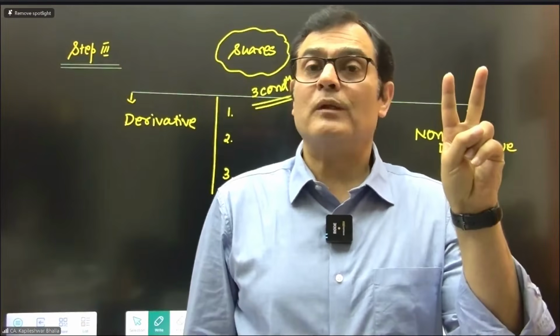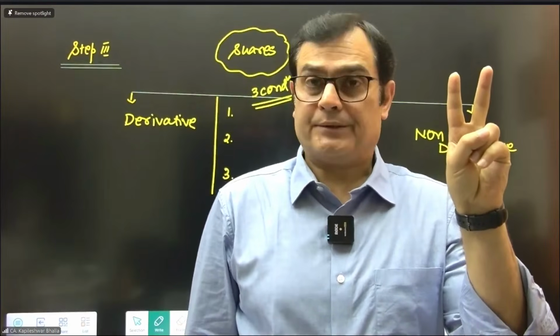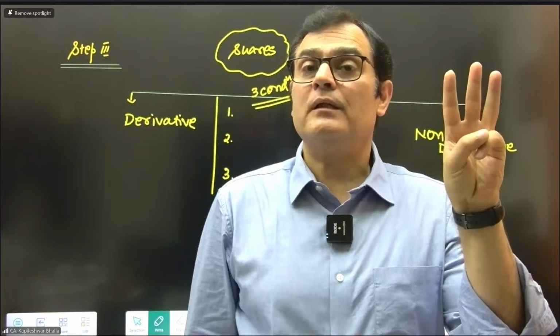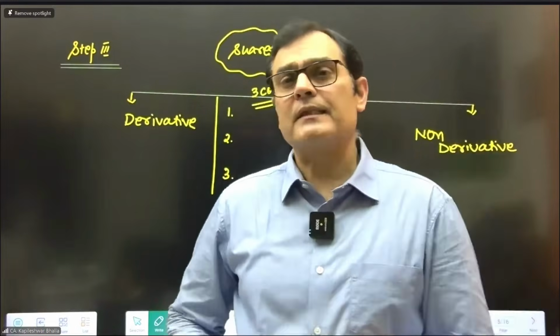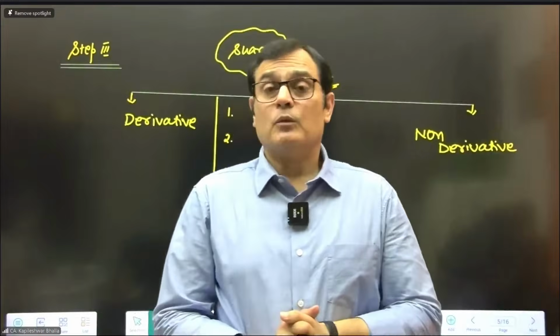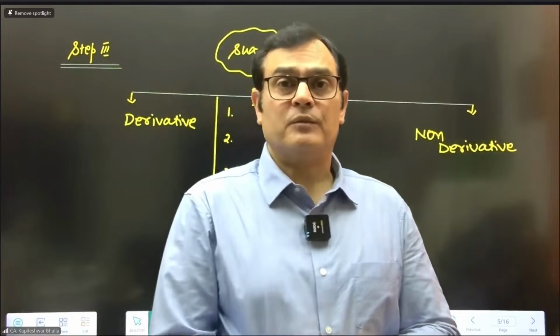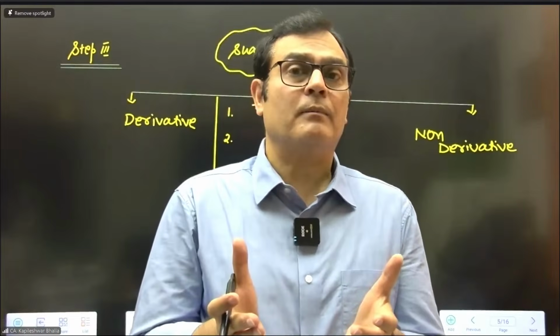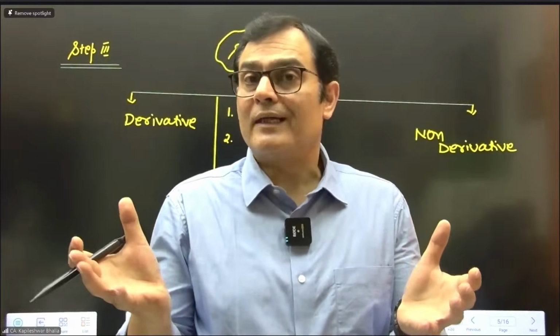The settlement will be done at a future date. There is no initial investment or negligible initial investment. Because, for example, in terms of options, we do have some initial investment in the form of option premium, but that's a negligible amount when you compare it to the contract value.